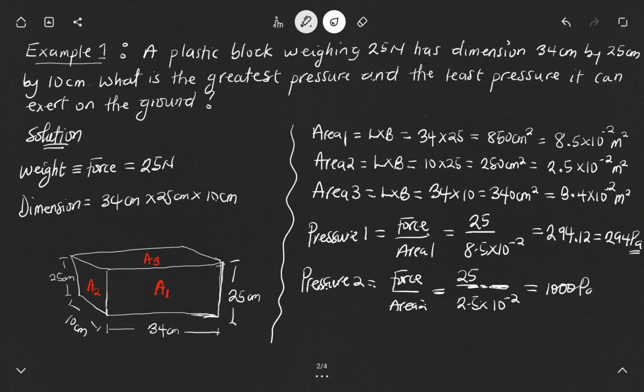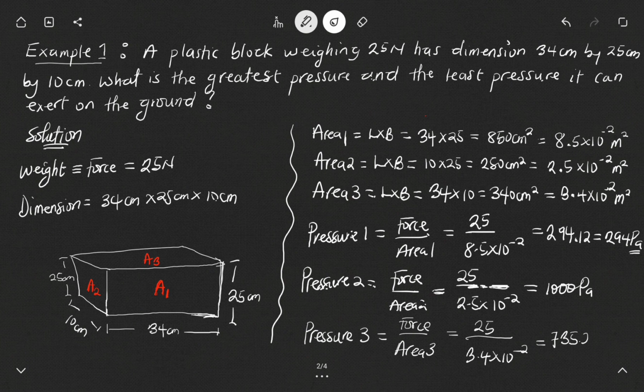Now let's calculate pressure 3. That is the pressure exerted by the surface area A3. So we will have force on area 3, which is equal to 25 as the force on area 3. Area 3 is equal to 3.4 times 10 raised to the power minus 2. If we compute this into our calculator, we are going to get 735.29, so the nearest whole number is 735 Pascal.